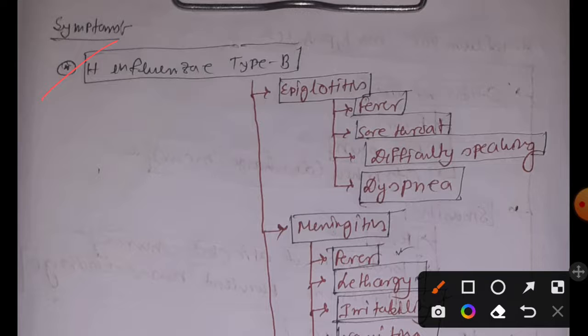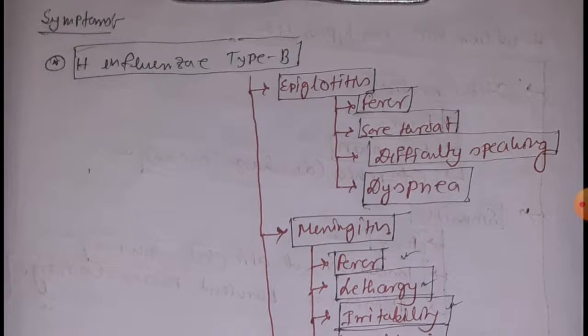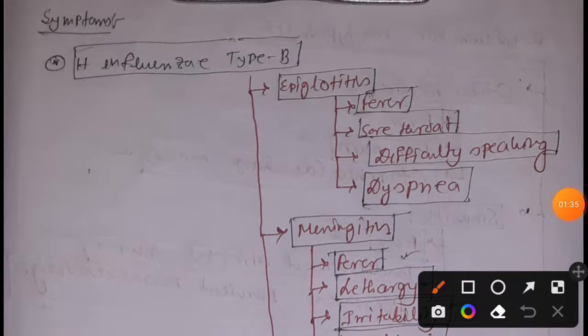Okay, now let's try to remember what I told you in my, I think, third video lecture. There I told you that Haemophilus influenzae type B, as it is an encapsulated bacteria, has the ability to cause invasive disease.